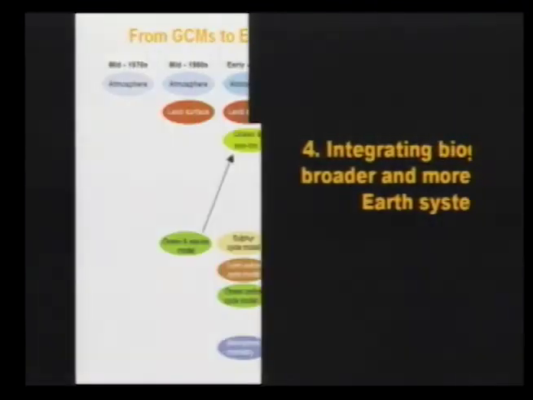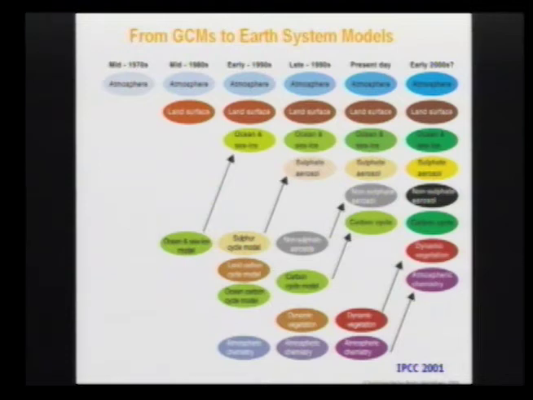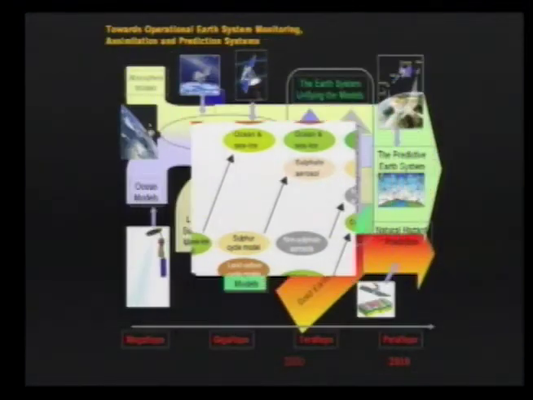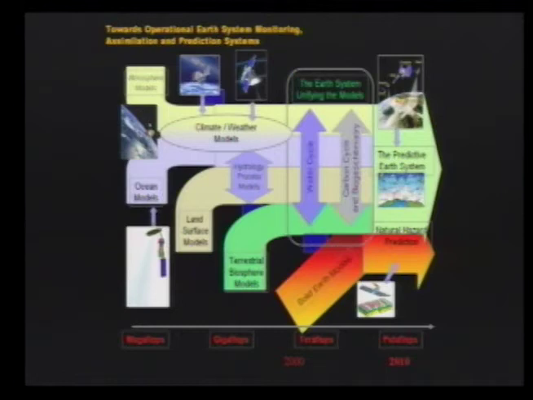I had a few remarks that were a bit outside, to finish. Of course, you have all seen this becoming more and more complex. Perhaps in the future we will have operational Earth system models that will be used in conjunction with observations from space and other means, models that will include the atmosphere, the ocean, land, the biosphere, and unify the water cycle and the carbon cycle, to really have a predictive tool, not necessarily for long-term runs, but to monitor and predict the short-term evolution of the entire Earth system.